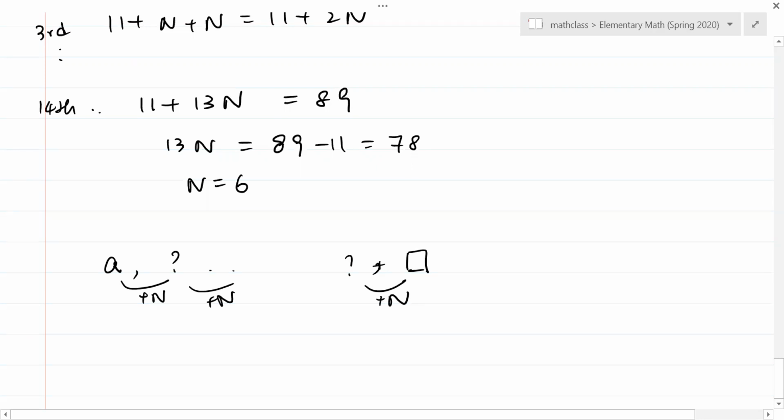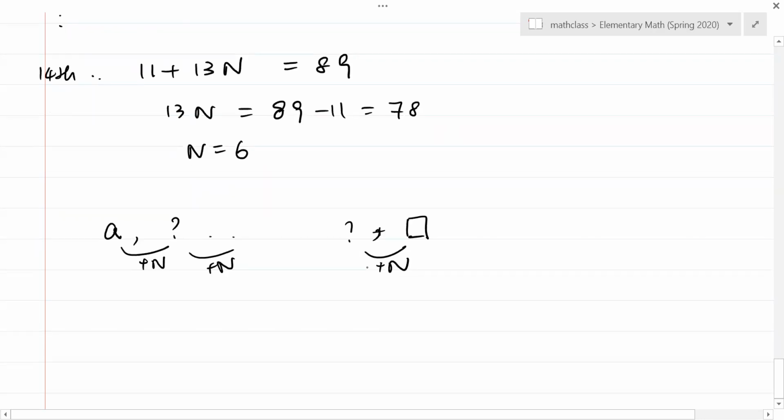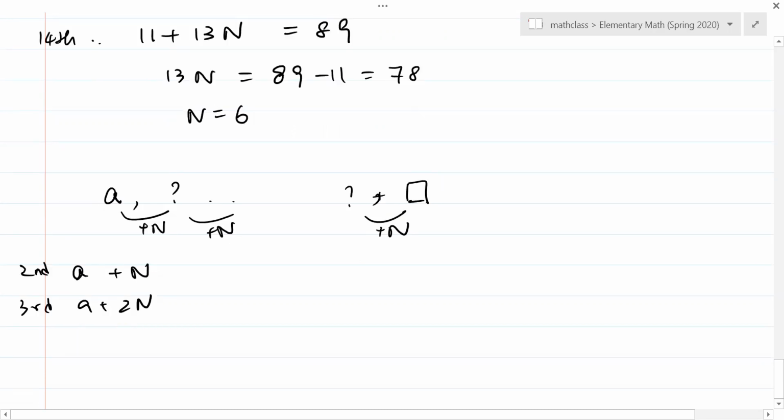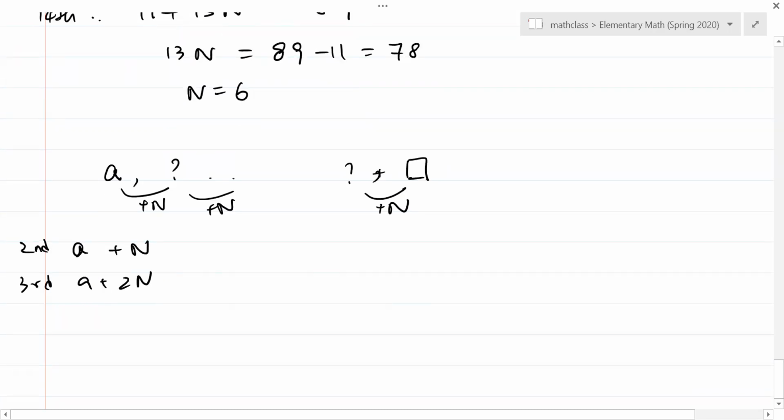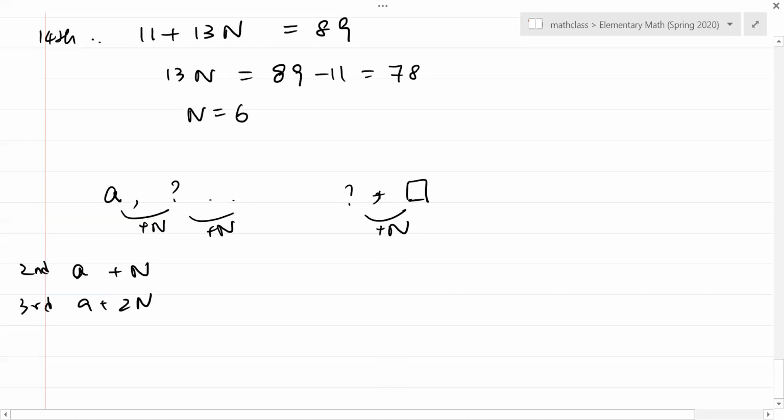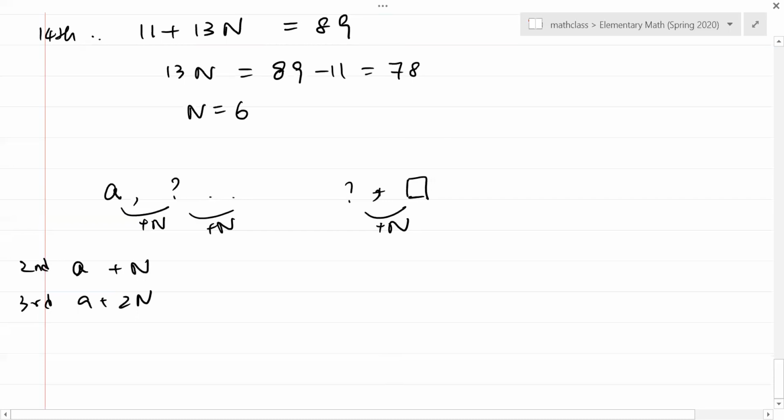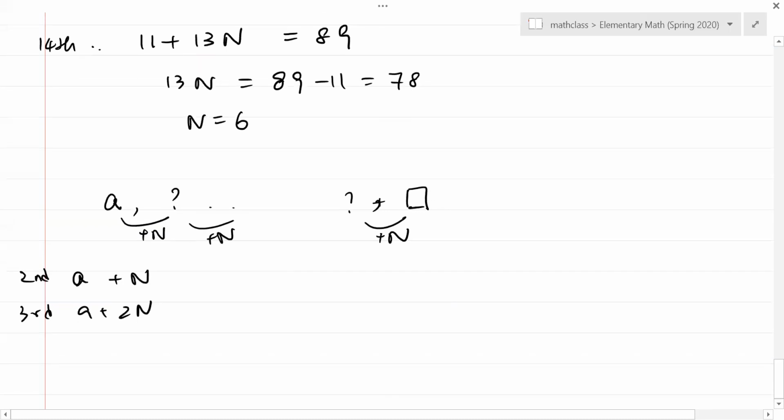So the last term will be, see, the second term is 1n, the third term 2n, right? So it depends on how many terms you have here, okay?